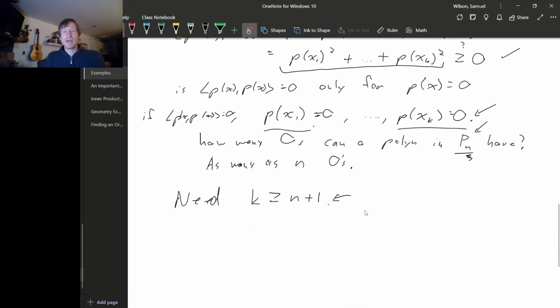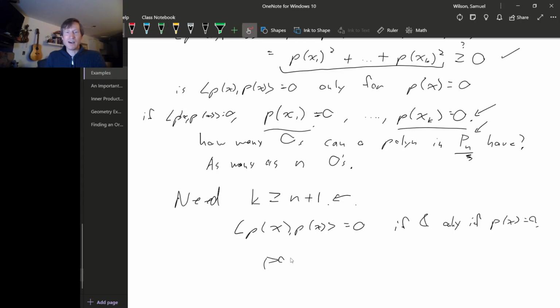Okay. And in this case, if we have this many x values in our list, then this product is 0 if and only if the polynomial itself is 0. And in this case, we do have positive definiteness.